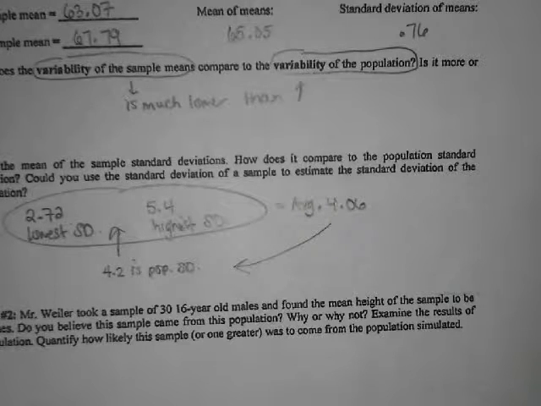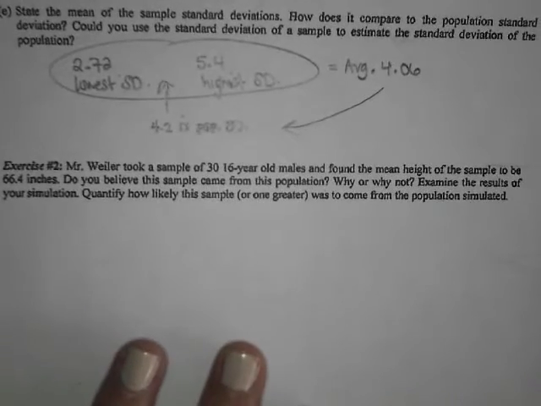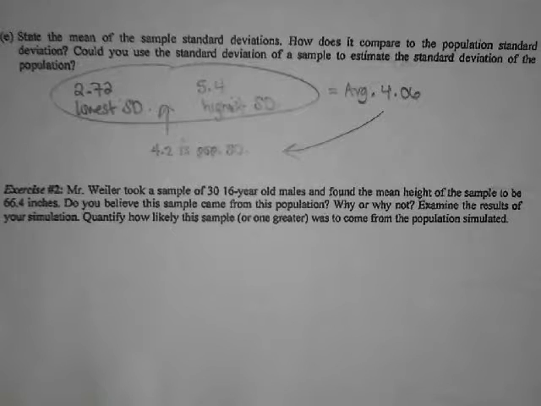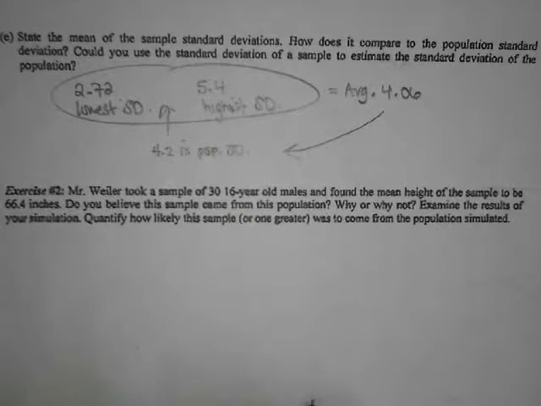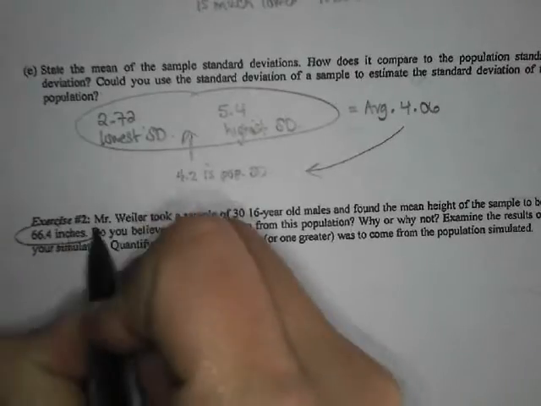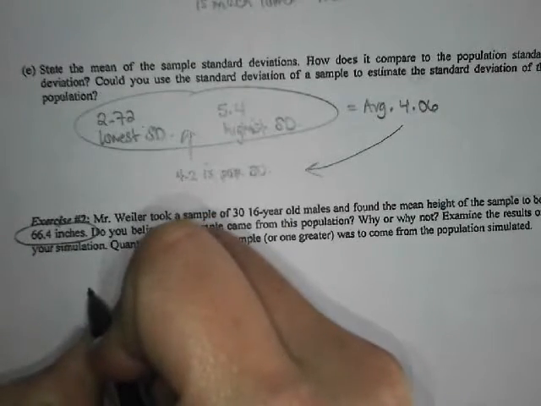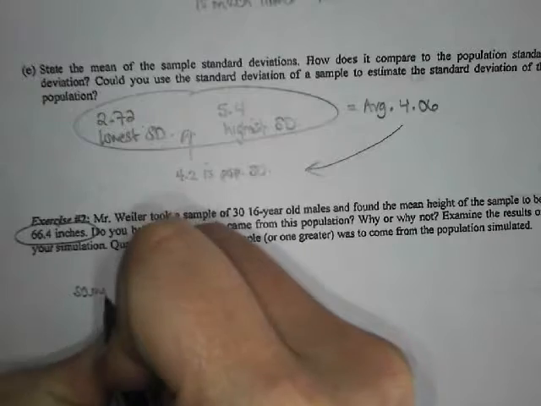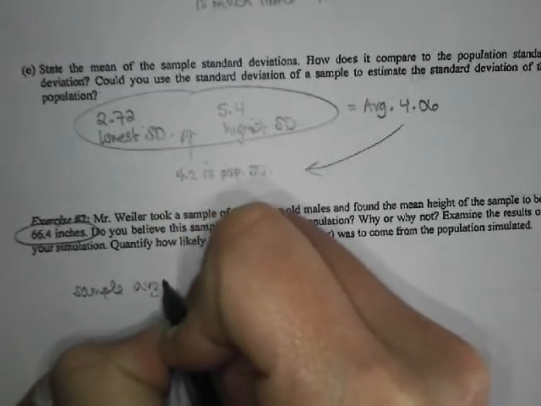Okay? So, exercise 2 switches gears a little bit. Mr. Weiler took a sample of 30 16-year-old males and found the mean height of the sample to be 66.4. So, the sample average is 66.4.